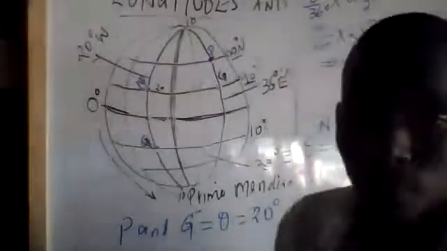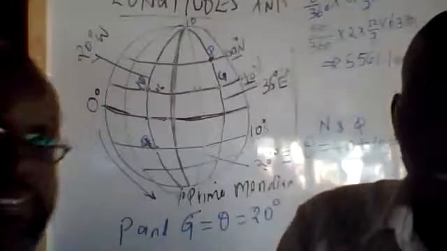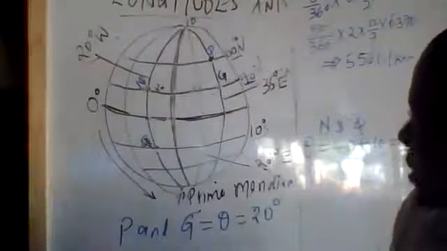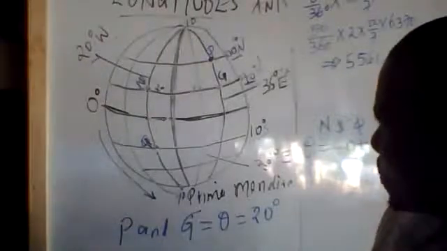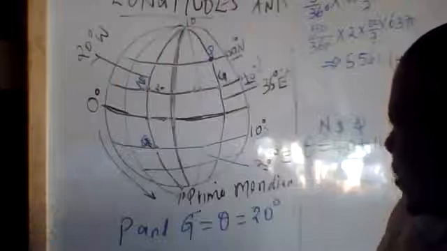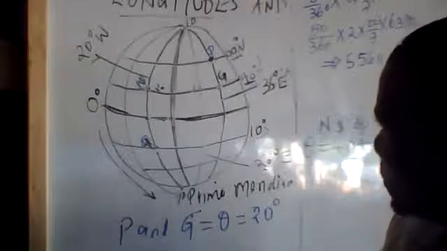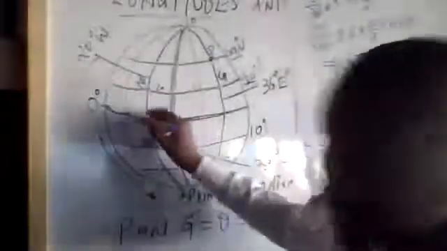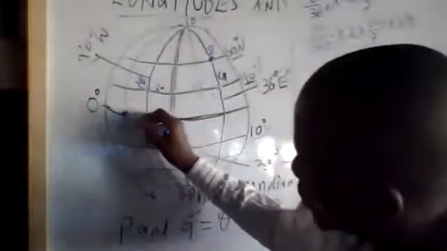Yeah. Now, I want to give you a certain assignment. Just a small assignment. I want you to look at the following. We are on the equator now. Along the equator, I want this particular point.